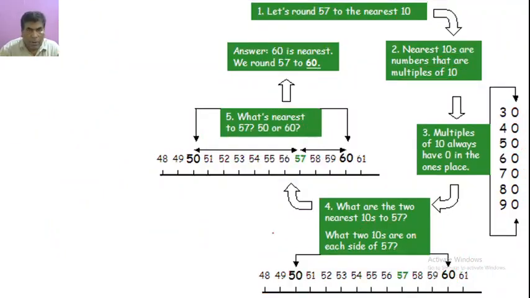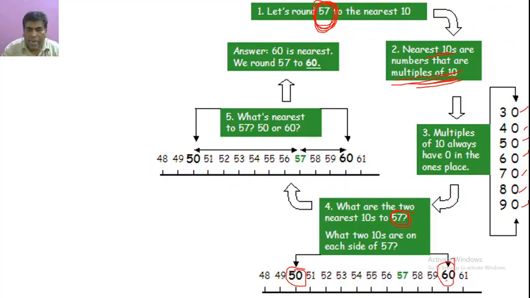Let's see another example. Come on, guess the answer. What is the nearest 10 to 57? Nearest 10 means we have to write multiples of 10, like 30, 40, 50, 60, 70, 80, 90. Where is 57?